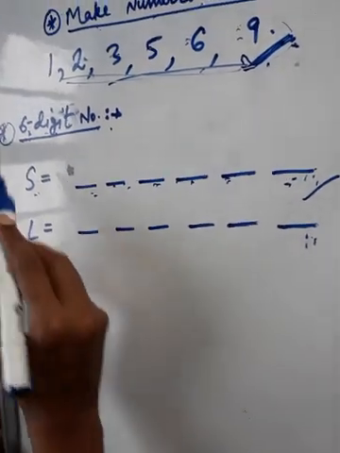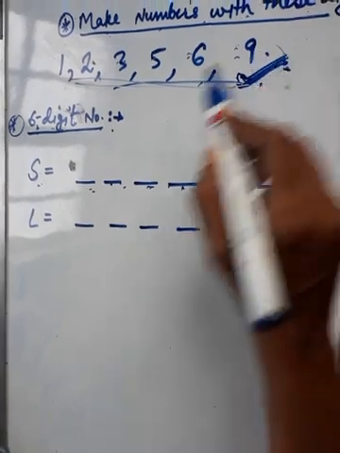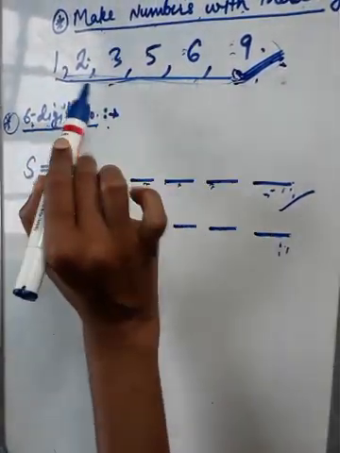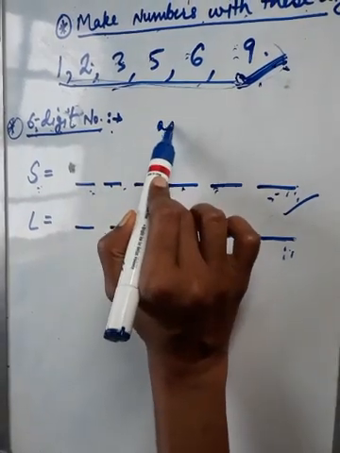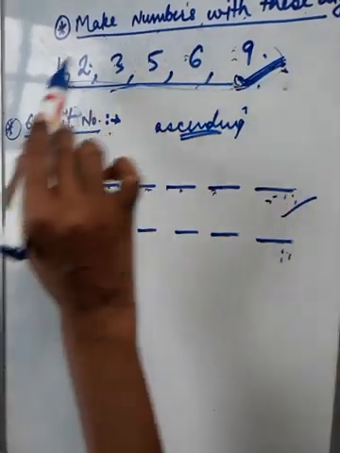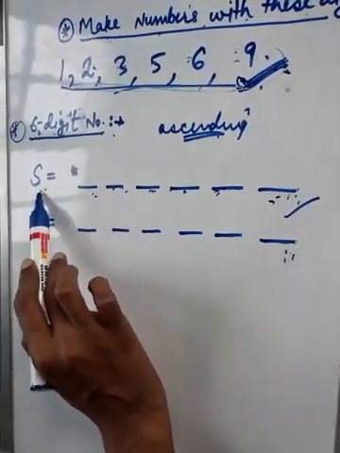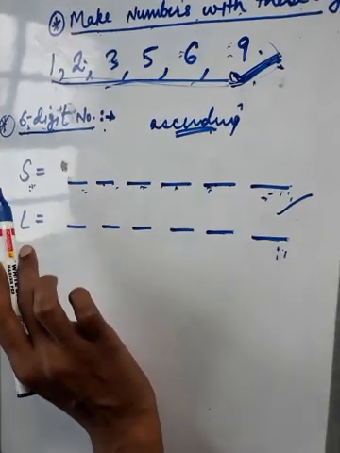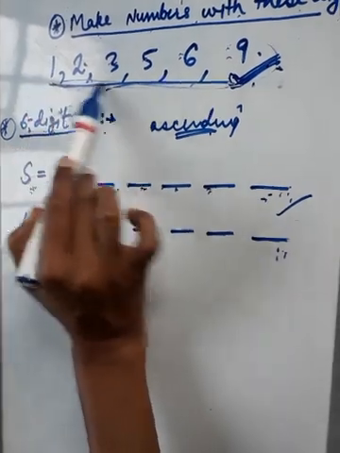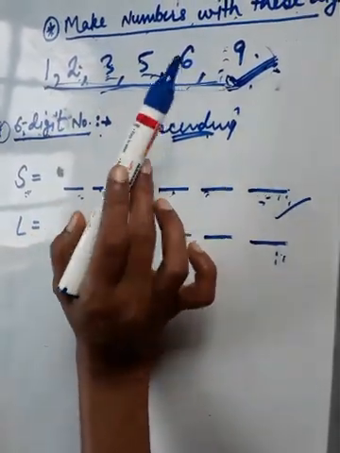तो यहाँ पे देखिए, टू मेक स्मॉलेस्ट नंबर फ्रॉम द गिवन डिजिट, दिए गए डिजिट से आपको स्मॉलेस्ट नंबर बनाने के लिए दिए गए जितने भी हमारे डिजिट हैं उसको हम लोग असेंडिंग ऑर्डर में सजा देंगे. So we will make the digits in ascending order to make the smallest number. So here, you will see students, the number is already in ascending order.